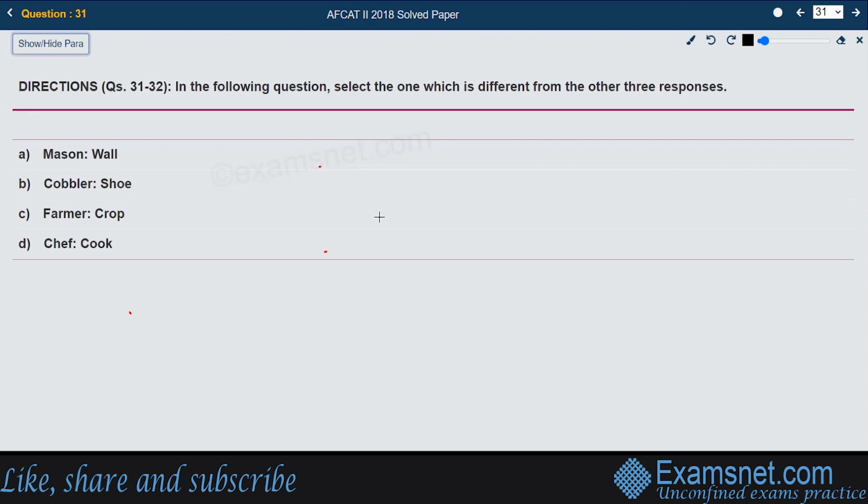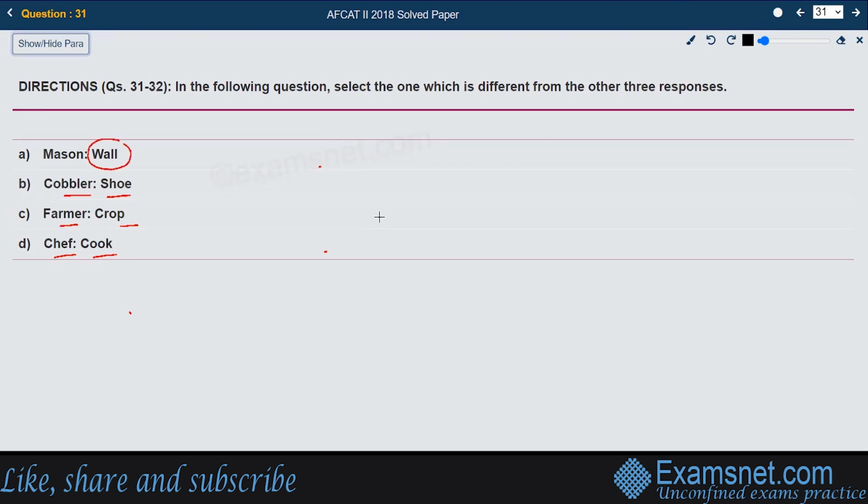Now the question is, in the following question, select the one which is different from the other three. We have to find the odd one out again. The options are mason and wall, cobbler and shoe, farmer and crop, and chef and cook. If you closely look, the second one is made by the first one.